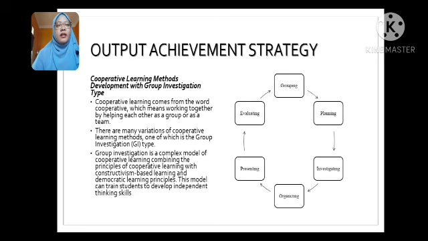The cycle of implementation of the cooperative learning model: in the first stage is grouping, and the next stage is planning. The next one is investigation, and then organizing, presenting, and the last one is evaluating.